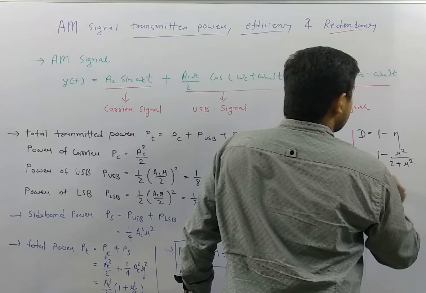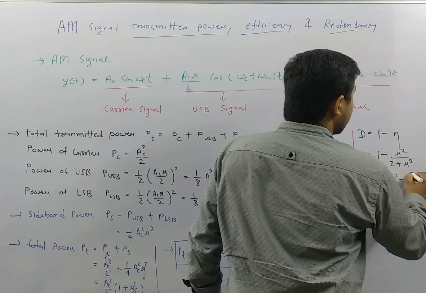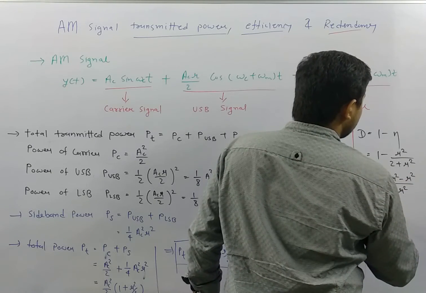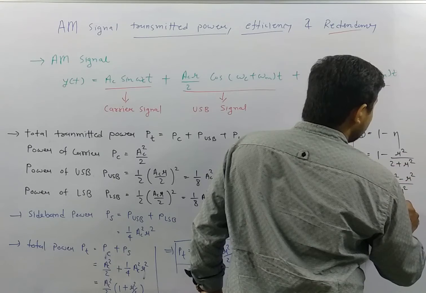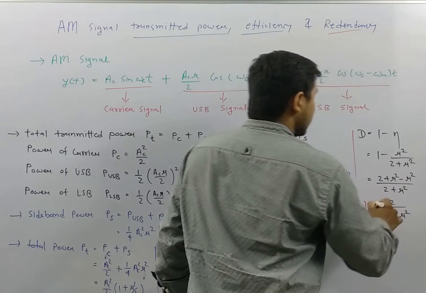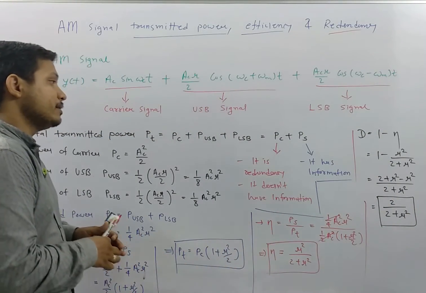If you take LCM, this will be 2 plus mu square minus mu square divided by 2 plus mu square. Mu square will get cancelled. So this redundancy will be 2 divided by 2 plus mu square. So this is the redundancy in the AM signal.